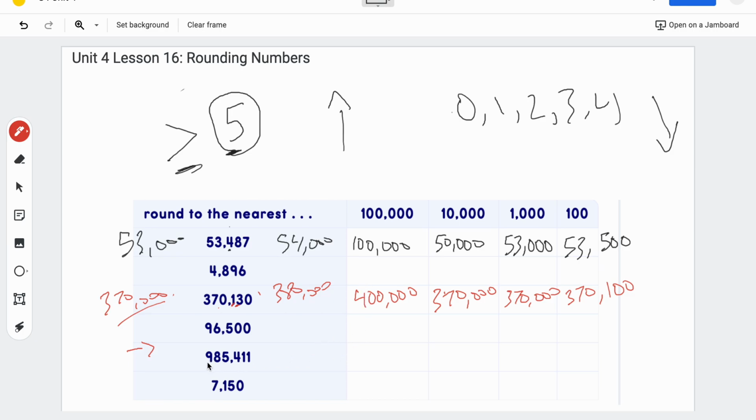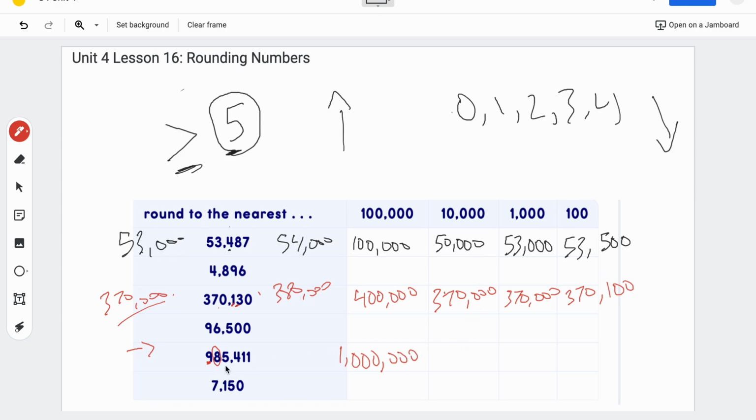You see, this is the 100,000th place. You see the 8 here, and this 8 is more than 5. So this number is going to run up to the next multiple of 100,000. Because with the 9 here, you have 900,000. 100,000 more would be a million. So this runs up to a million.